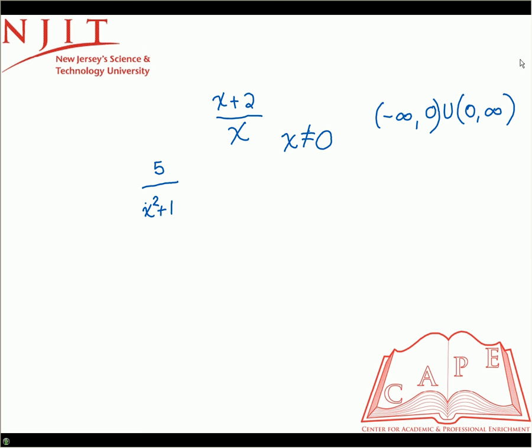But again, it starts off exactly the same way. The denominator cannot be 0. So let's do what we always do. X squared plus 1 cannot be 0. So what we have to do now is solve for x. So x squared, and we need to move the 1 to the other side, so we subtract 1.